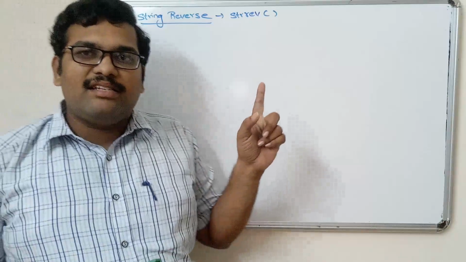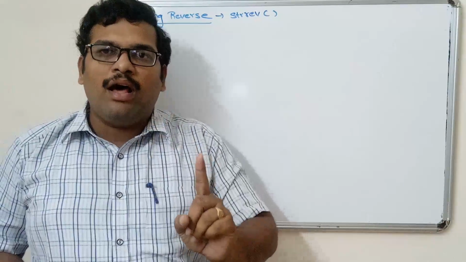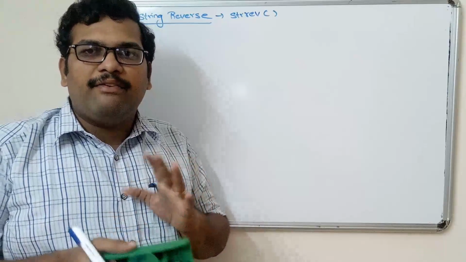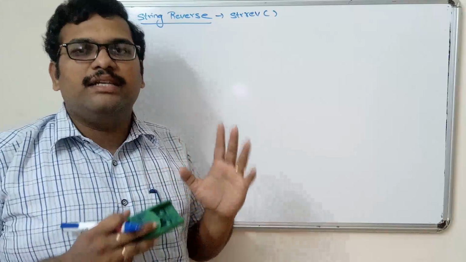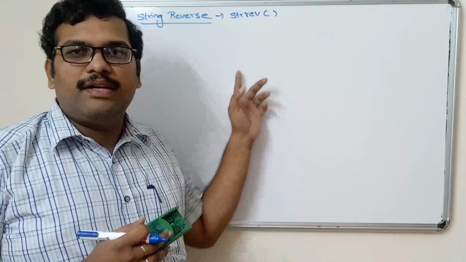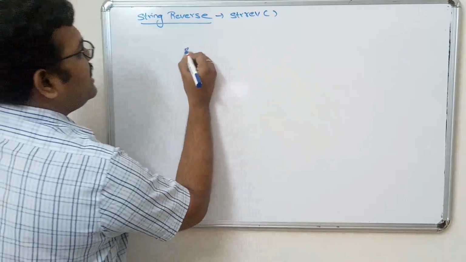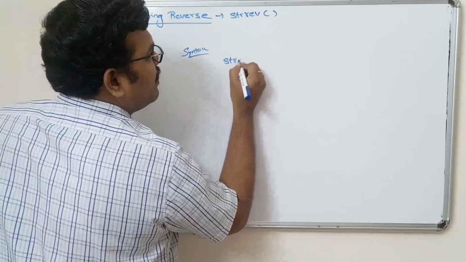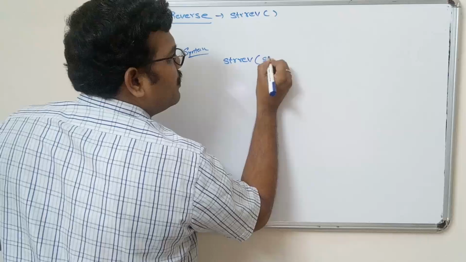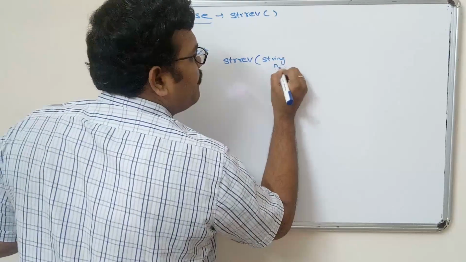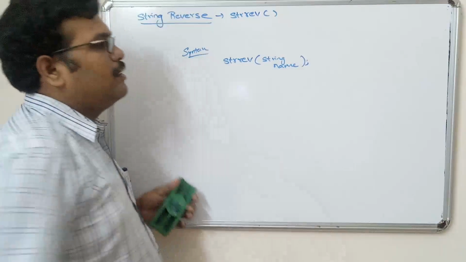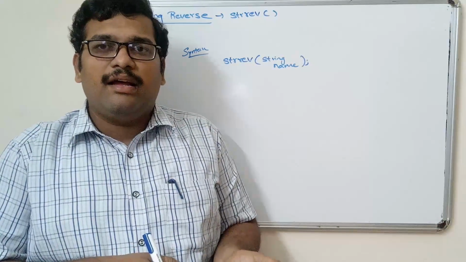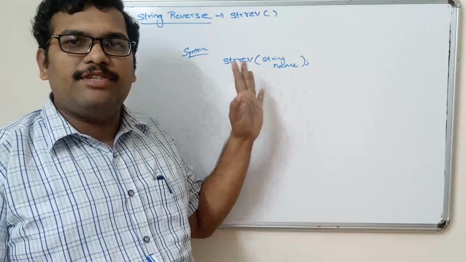It takes only one argument, that is a string name. Which content should be reversed, that string should be passed as a parameter to this function. So the syntax is strrev of string name. Automatically the content will be reversed and stored in the same string.